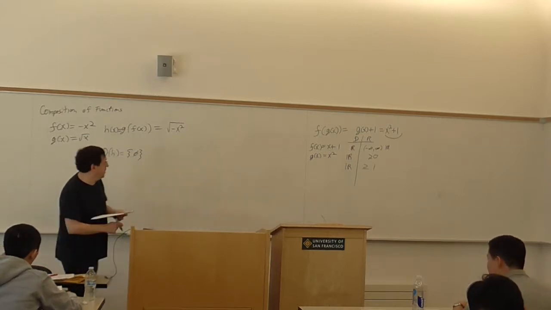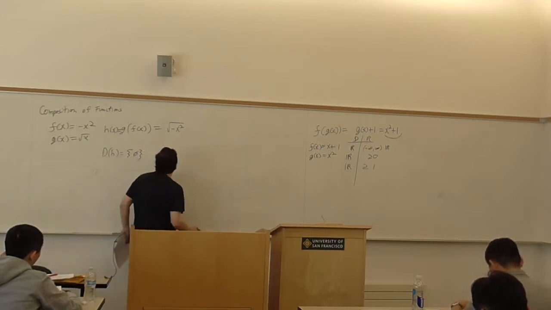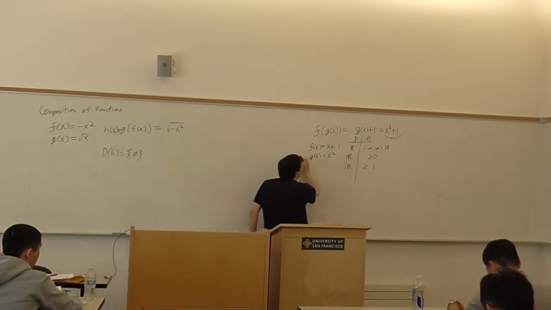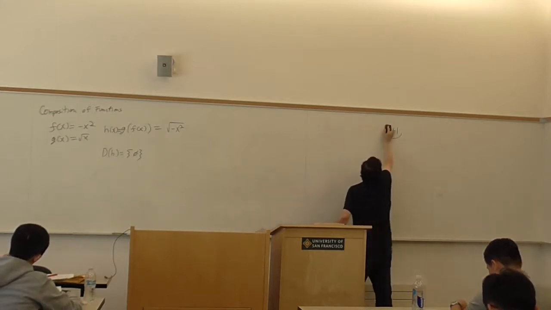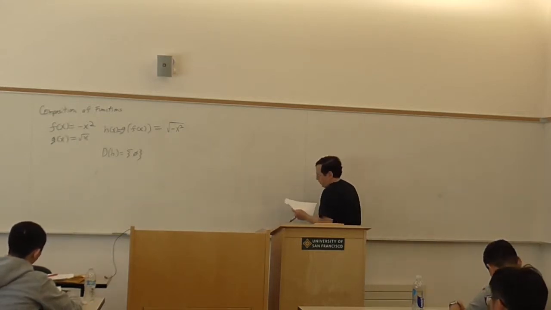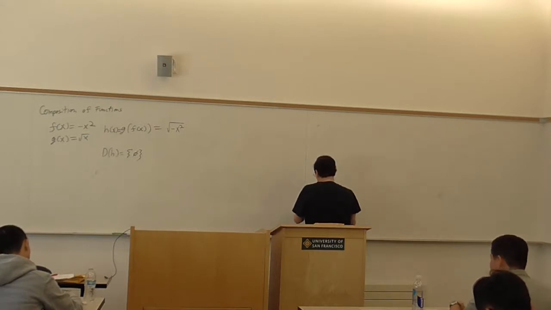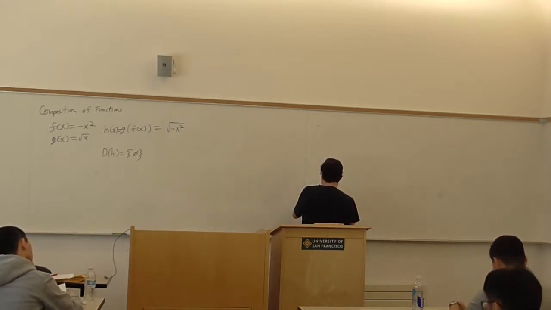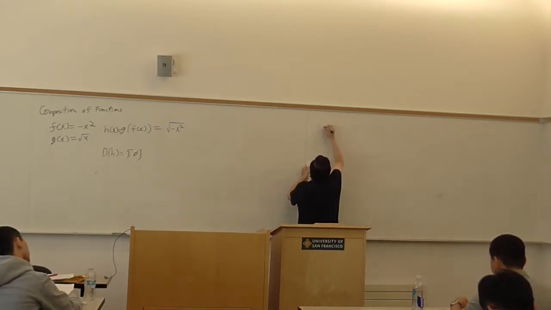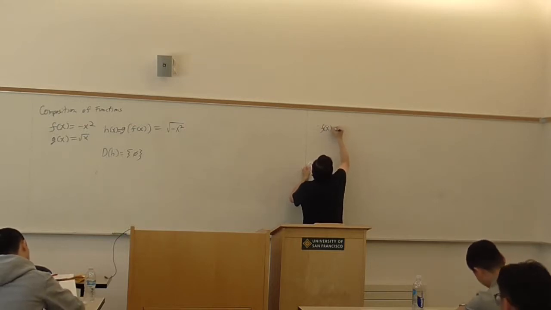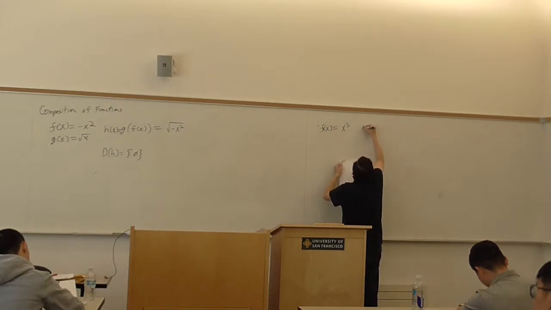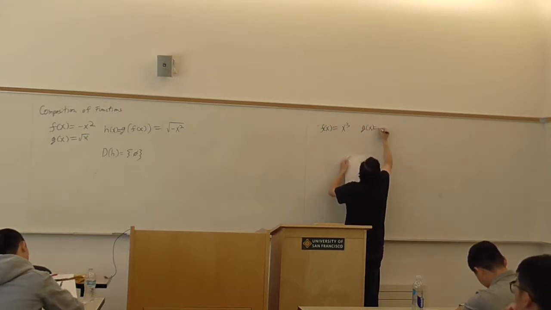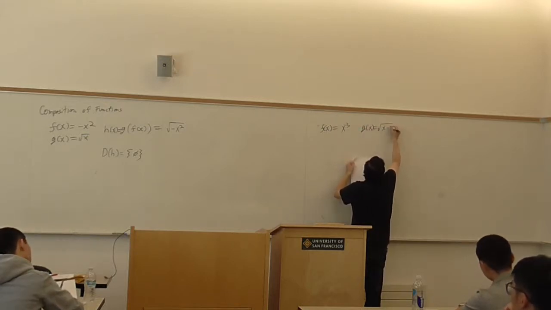We should do one other example here before we're done with this. I have functions f of x equals x cubed and g of x equals square root of x minus 3.